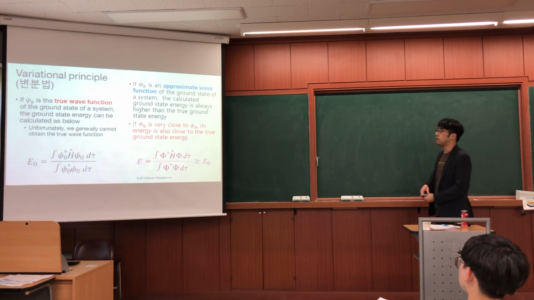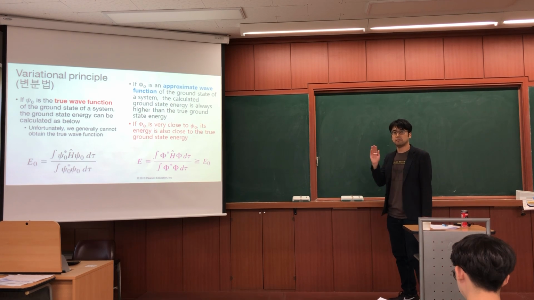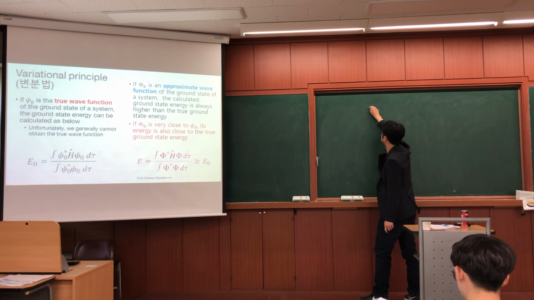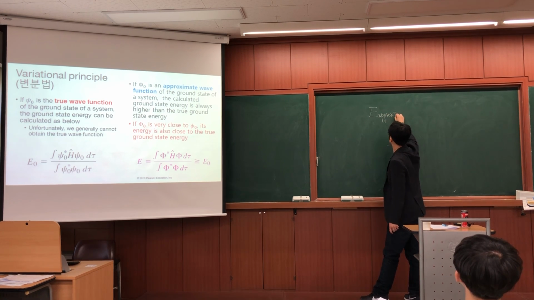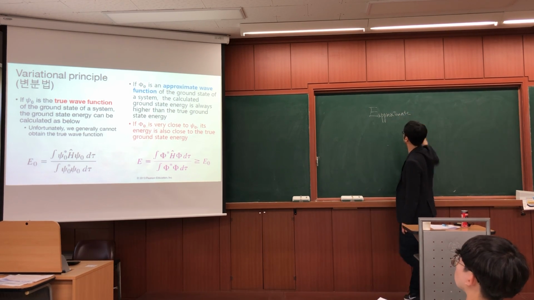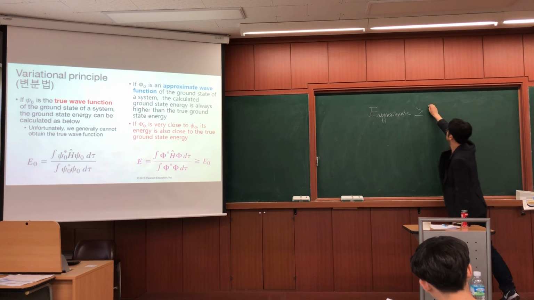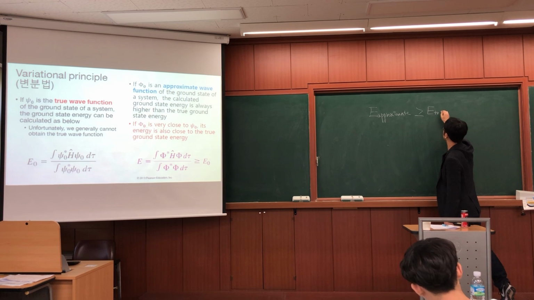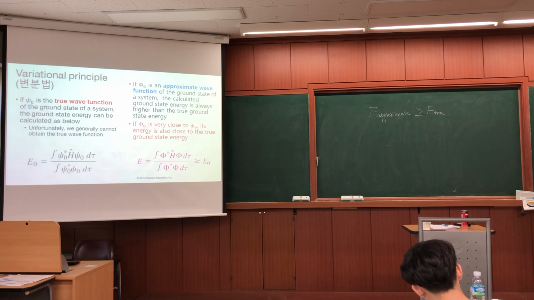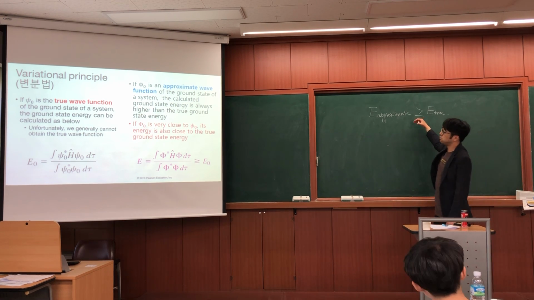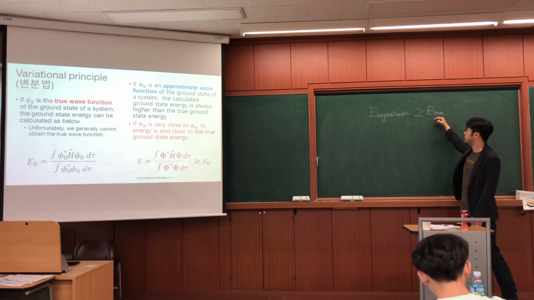The important result of the variational principle is that the approximate energy of a system is always greater than or equal to the true energy. This relationship gives us a very important hint for getting the true energy.